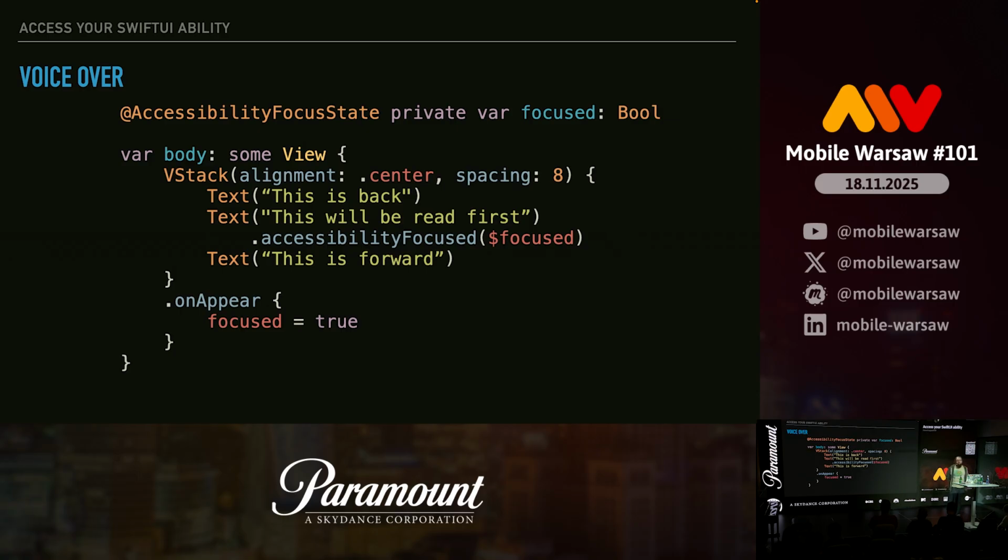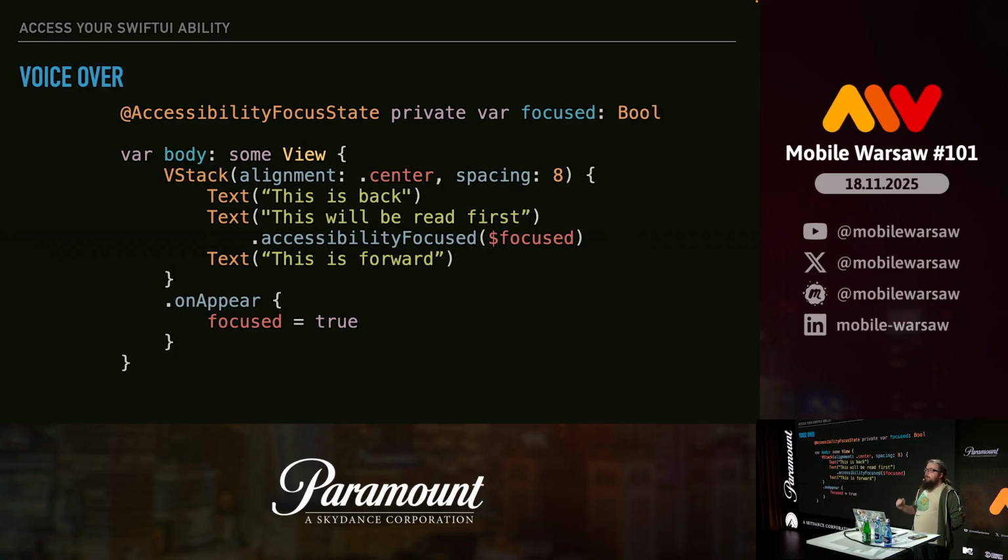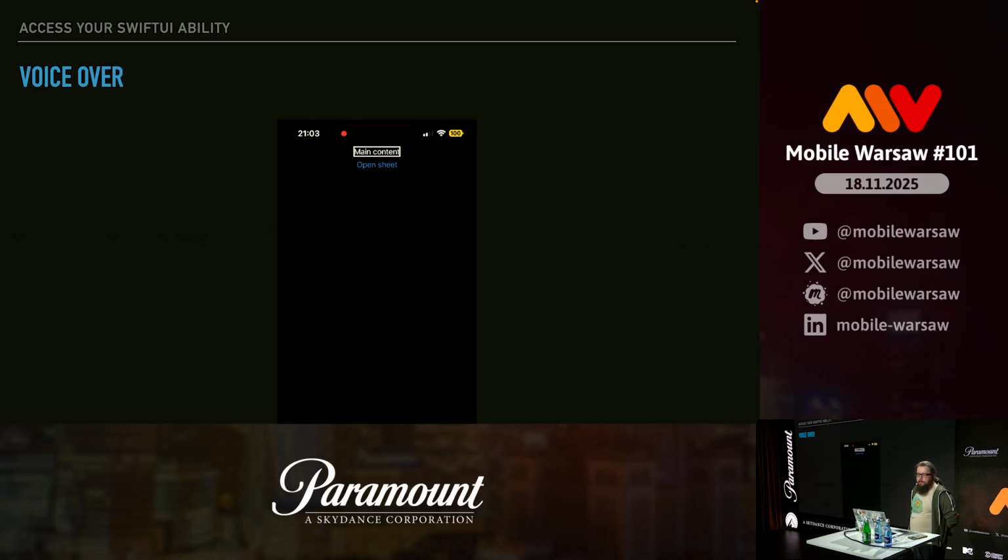Basically, you get programmatic control to tell VoiceOver, hey, please focus on this element at this point. And then it will follow the natural order that it figured out, because you are not modifying the list of elements it has. You are saying, hey, please jump to this element, and then go up or down in the list. And there's one more place where we can use that property wrapper.